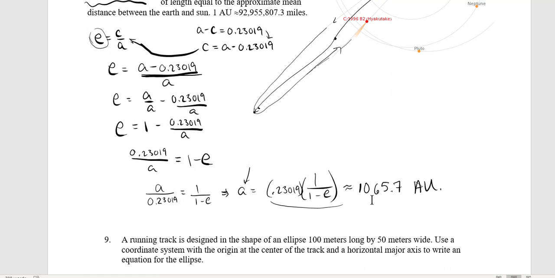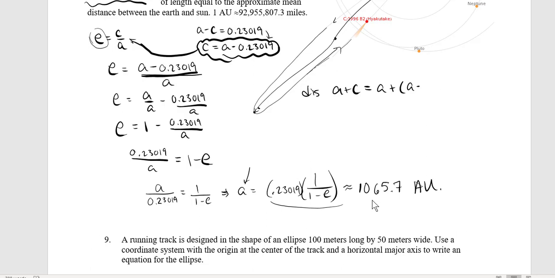We know what A is. From that, you can figure out what A plus C is. It's the value of A plus, remember, C is just A minus this 0.23019. So instead of C, I'll write what this is.